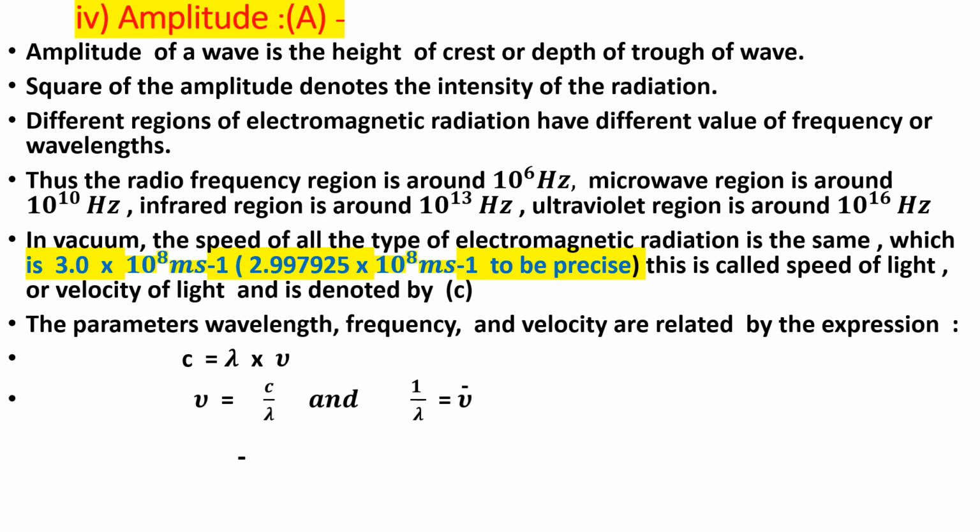Then if you calculate nu, that is equal to C upon lambda, or 1 upon lambda is equal to nu bar. Then nu is equal to, you have to simply write, C into nu bar. Okay.